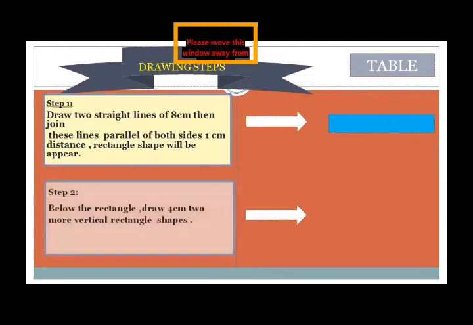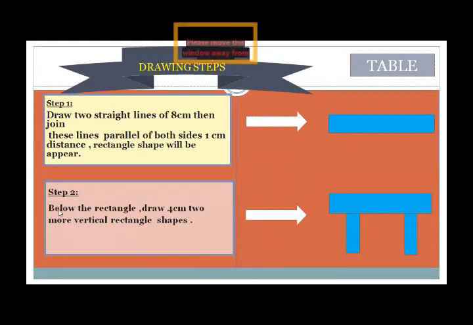Now the next one is step number two. How will you draw a table? Below the rectangle, draw 4 centimeter two more vertical rectangle shapes. Look at this. Like this. Wow, and your table is ready here.